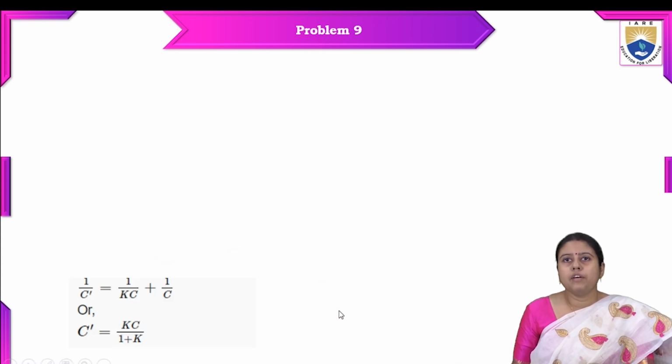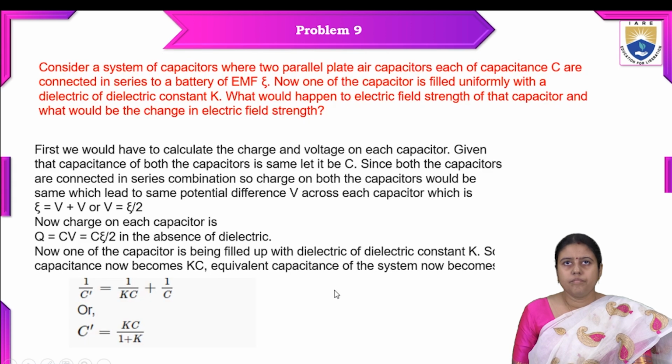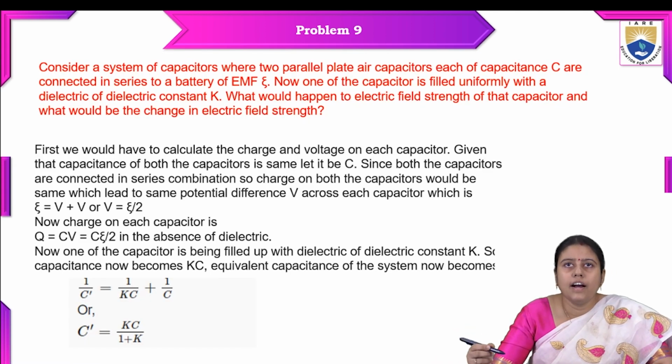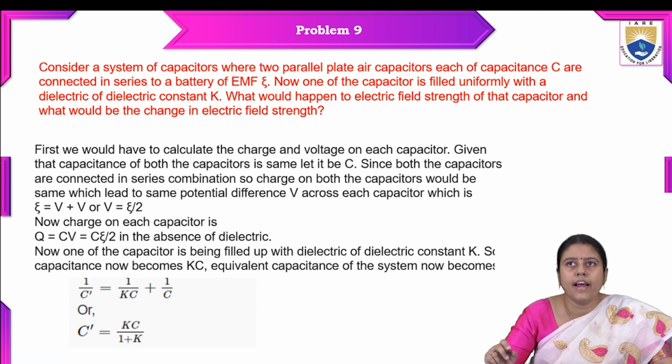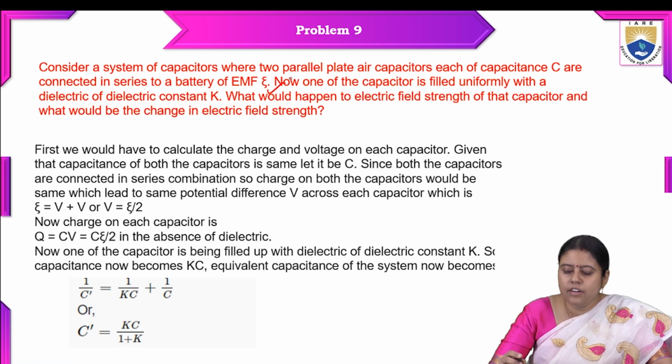Now I am moving to problem 9. Consider a system of capacitors where two parallel plate air capacitors, each of capacitance C, are connected in series with a battery of EMF Xi.